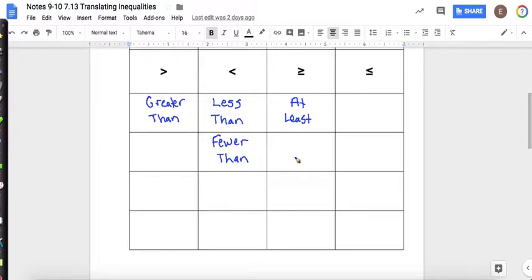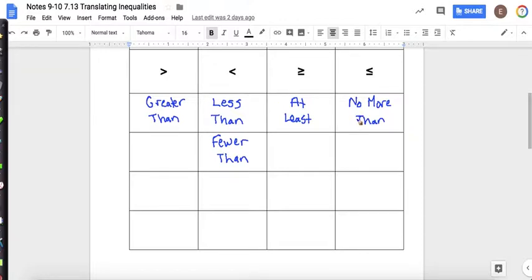This is a tricky one. No more than means less than or equal to. And I'll explain why. If it says you can have no more than 10 people in this room, that means you can have 10 or less people in the room. So no more than is less than or equal to. You can cross that off your list.